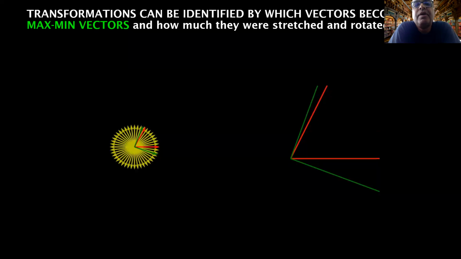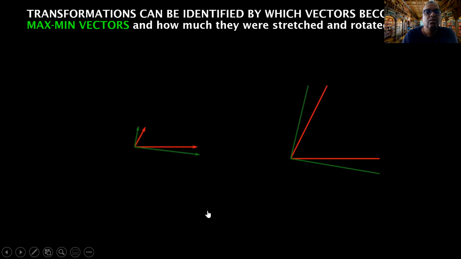Transformations can be identified by which vectors become the min-max vectors and how much they are stretched and rotated or inverted. Notice that you can talk about the transformation in terms of the min-max vectors alone. So it is extremely useful. The min-max vectors, the green vectors. Okay, so you can see how much the min-max vector translated.